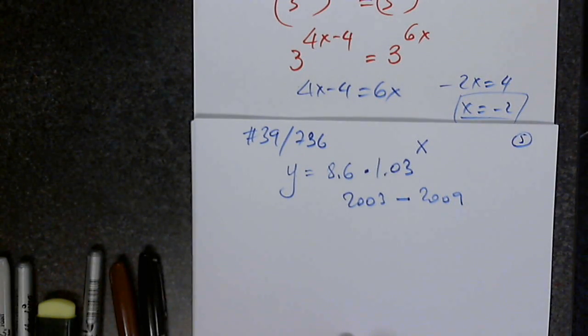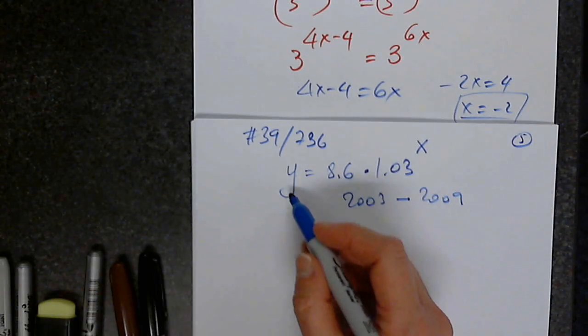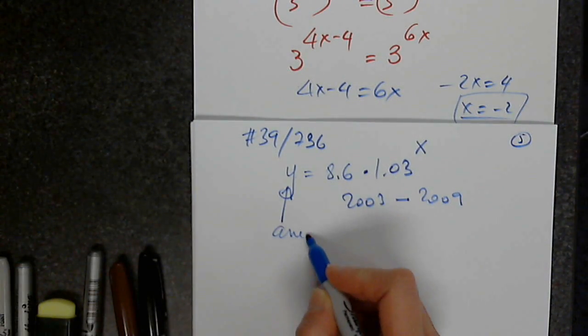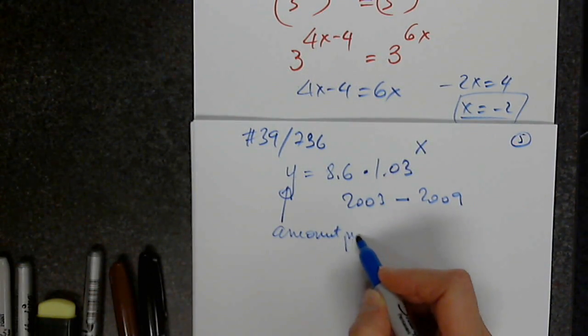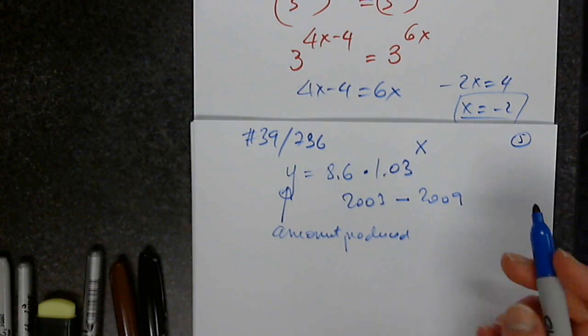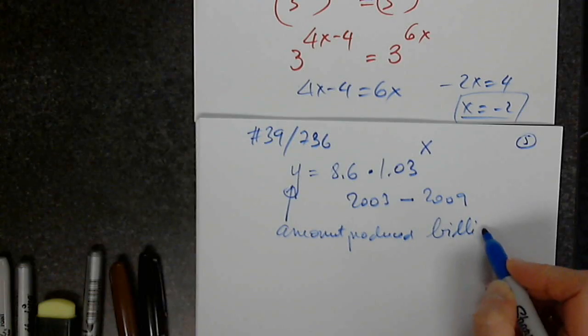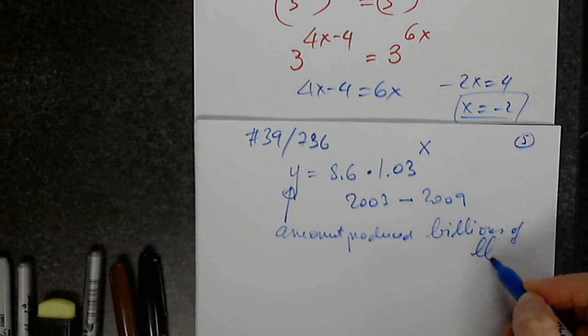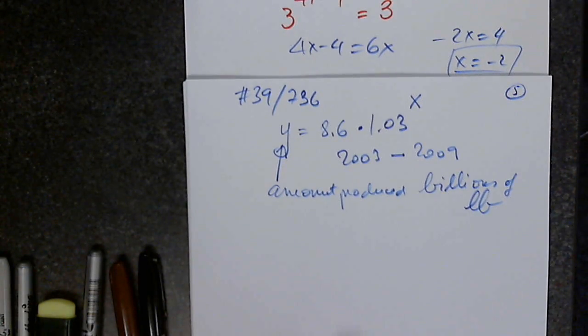In this equation, y is the amount of cheese produced, in billions of pounds. X represents a number of years after 2003.